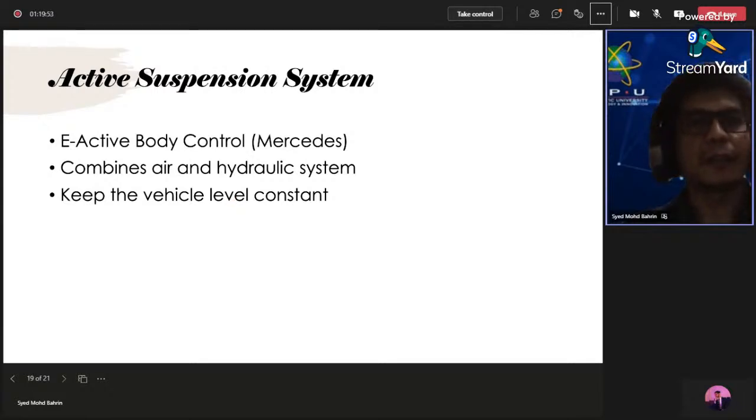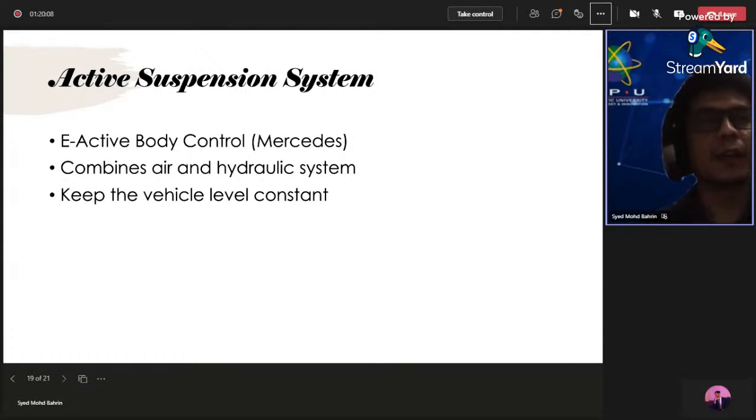So if you think that you get, for example, twice the performance, but the price of the car goes up by 10 times, then if you think that's worth it, you can change your suspension into active suspension.